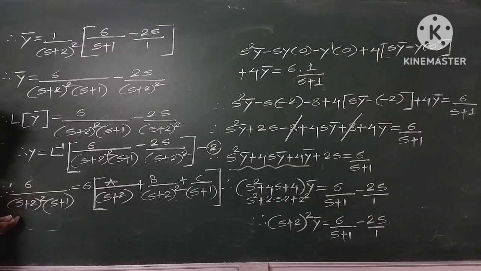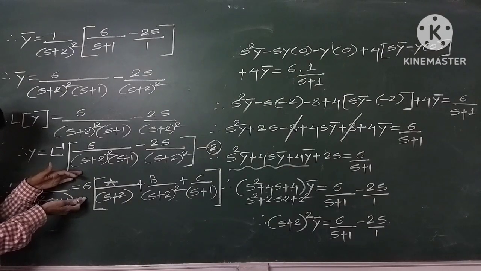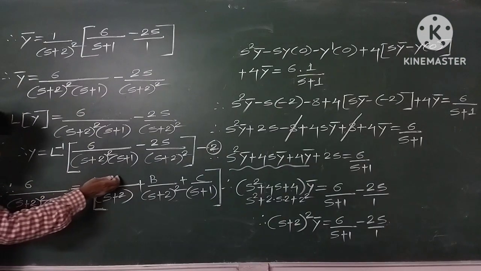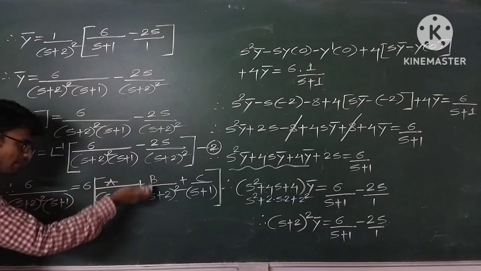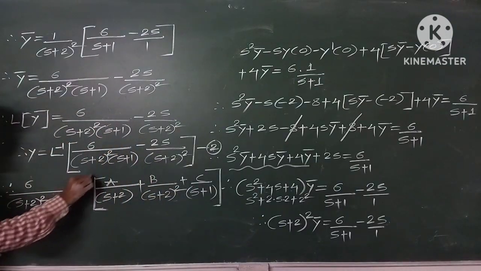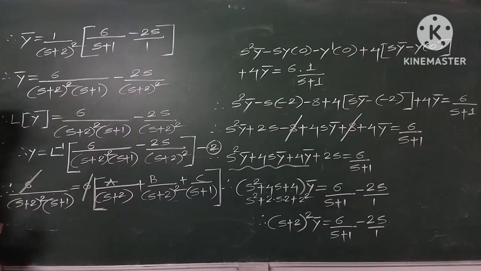6 divided by (s plus 2) whole square into (s plus 1) can be written as 6, a constant, you take outside, and for these you apply the partial fraction method: A by (s plus 2) plus B divided by (s plus 2) whole square plus C divided by (s plus 1). Now you cancel 6 and 6.